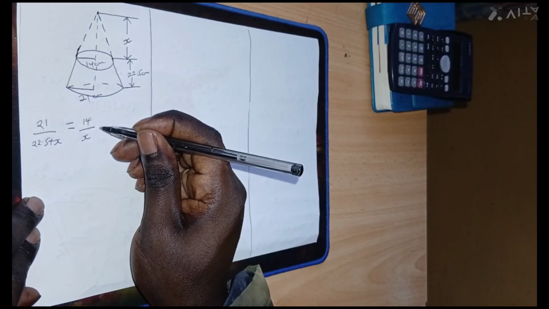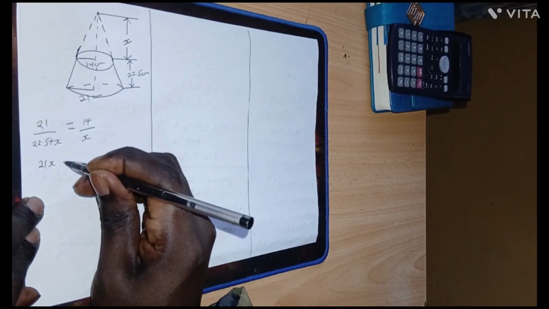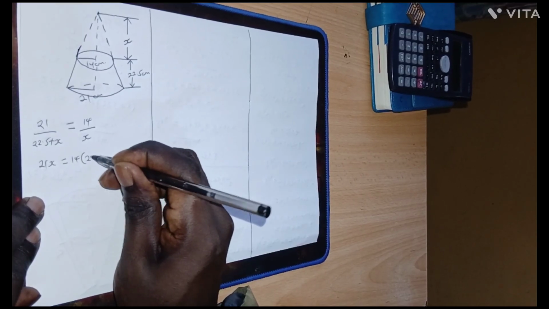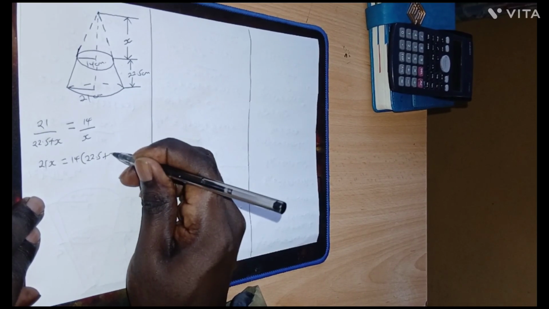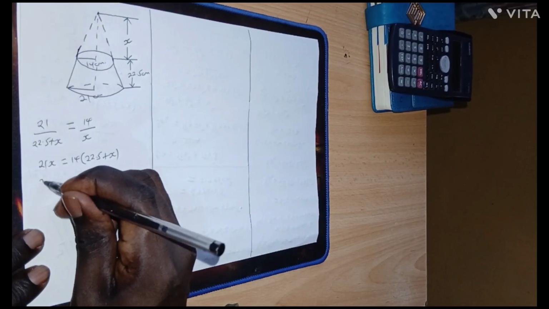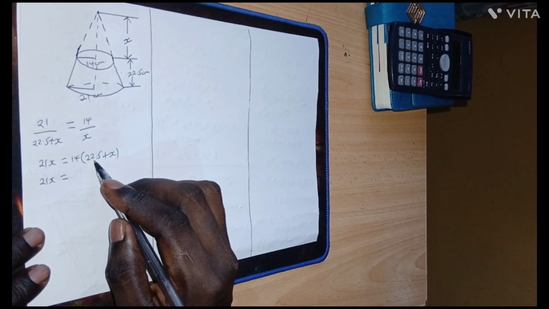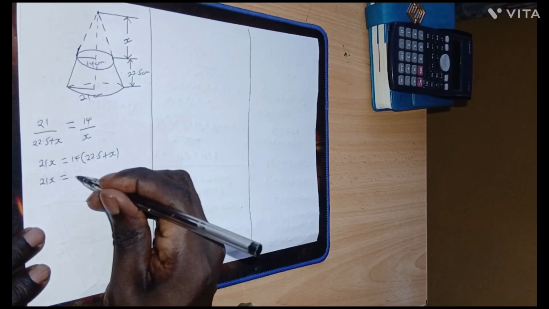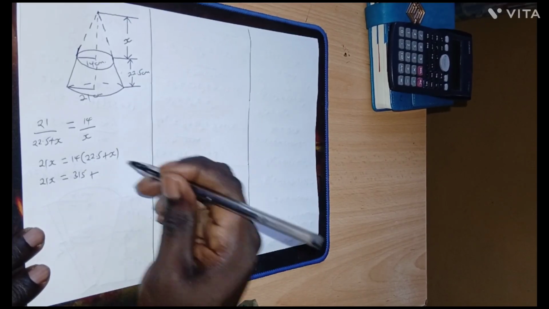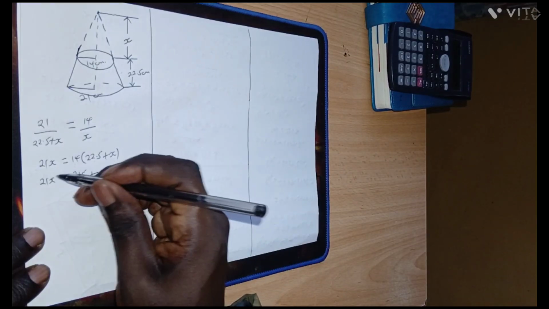And so we end up cross multiplying, which is going to be 21x is equal to 14 times 22.5 plus x, okay? So 21x is equal to 14 multiplied by 22.5, which gives us 315, plus 14x. Let's move the 14x to this other side.